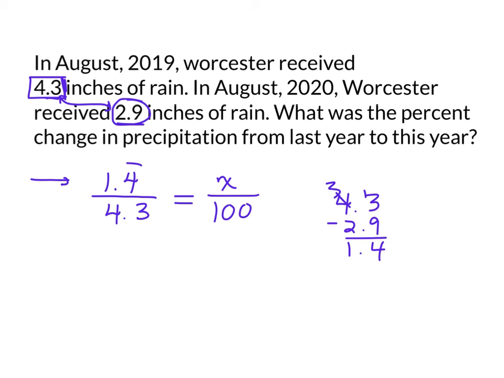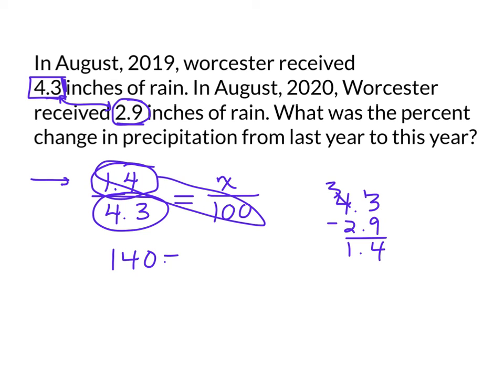All right, so the amount that it changed by divided by the original amount equals that x over 100. So I'm going to cross multiply. 1.4 times 100 is 140 equals 4.3 times x, 4.3x. And then I'll divide by 4.3.